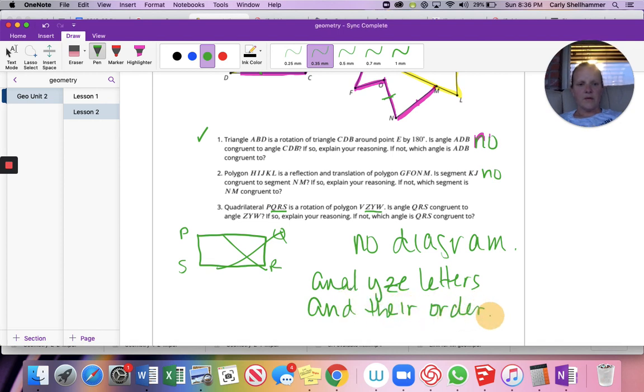Okay, so those are just with how they're named. That's the letters. So QRS corresponds to ZYW. Corresponding angles in a transformed figure are congruent. So angle Q is congruent to angle Z. Angle R is congruent to angle Y. Angle S is congruent to angle W. Therefore, those pieces will be congruent.